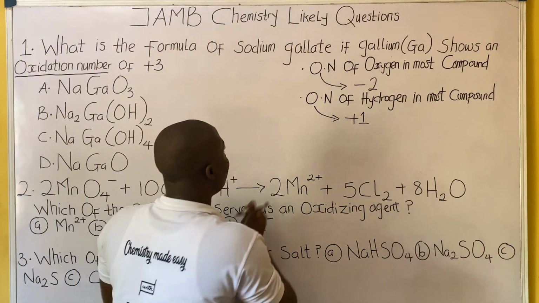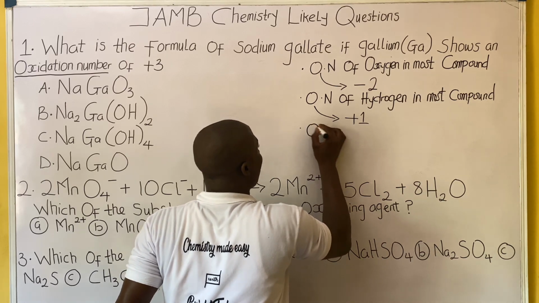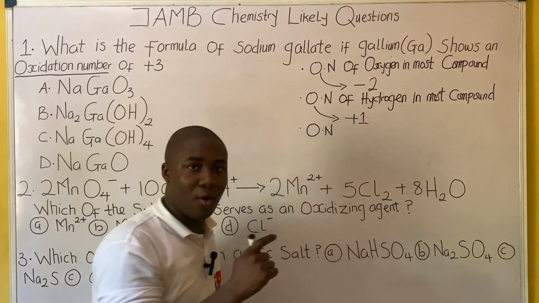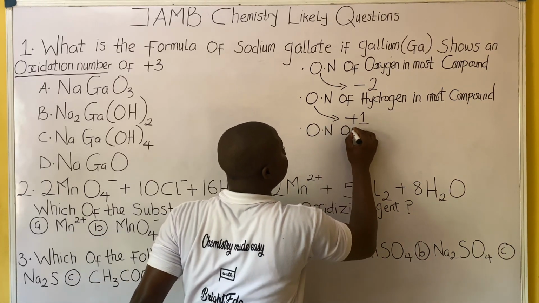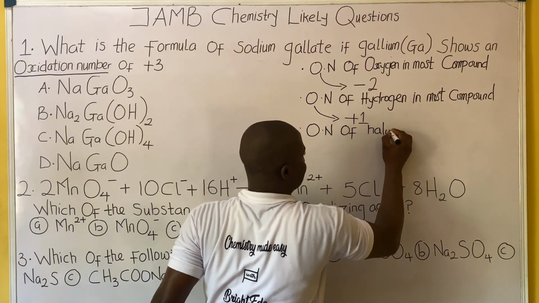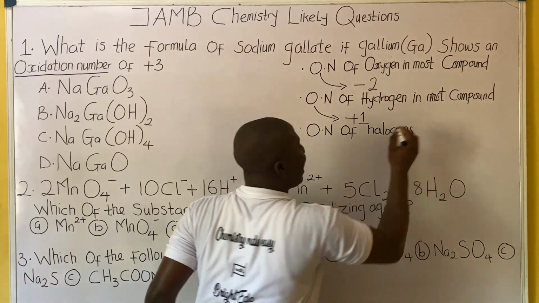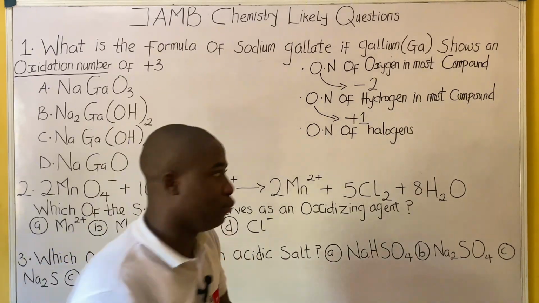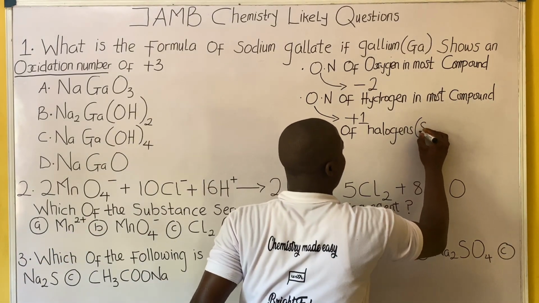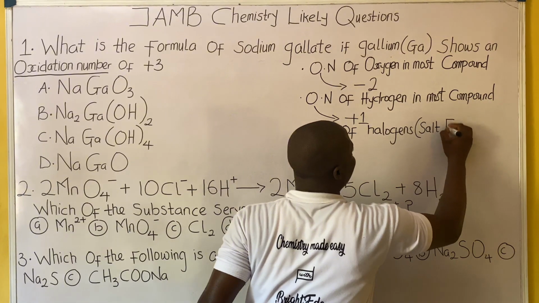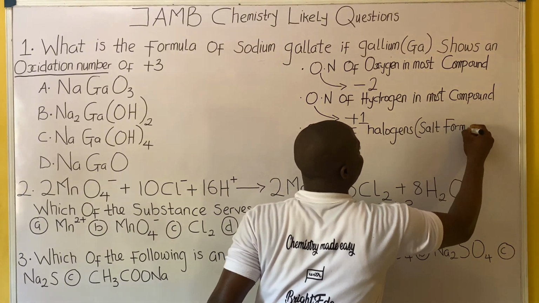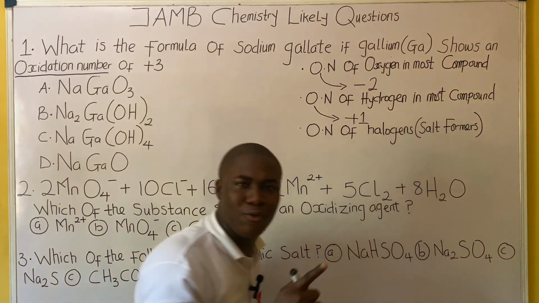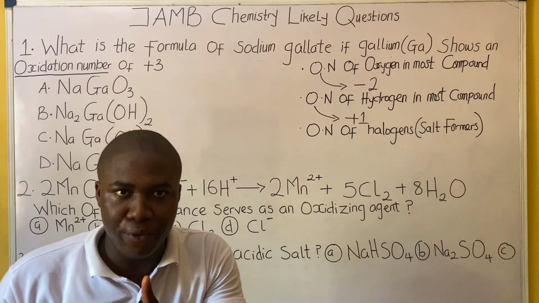All right. So the next point here is the oxidation number of halogens. What are halogens? Halogens are groups of compounds. They are part of the periodic table. We call them the salt formers. They like forming salts, and they are basically group 7 elements in the periodic table.